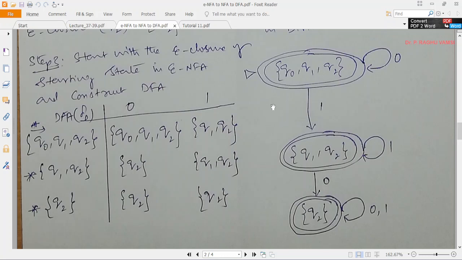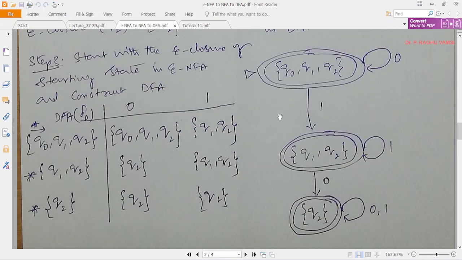Now, if I want to minimize this DFA, whether the minimization is possible or not, we don't know. If we consider this DFA for minimization, then the first thing is we need to construct two sets S and F. S will consist of the non-final states and F of the final states. So here A, B and C, all three states are final states.